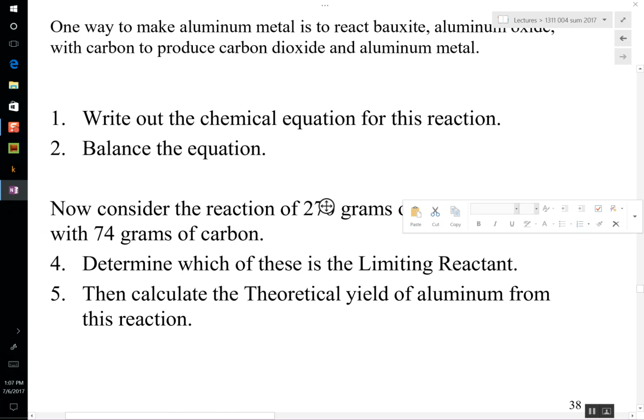And it is 4 moles of aluminum per 2 moles of aluminum oxide. Okay, what's that number? This is going to be moles of aluminum. How many moles of aluminum is that going to be?